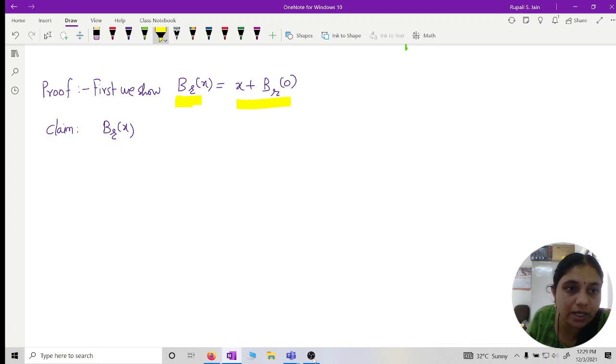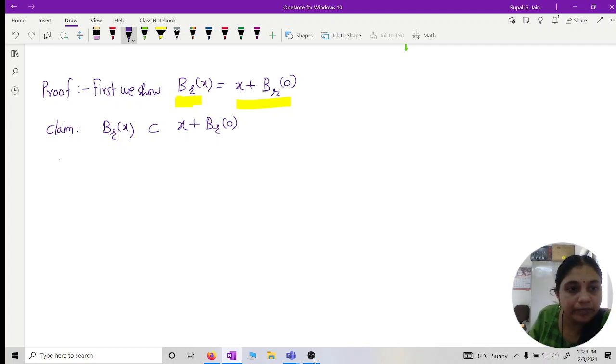So first we will show that B_R(x) is contained in x plus B_R(0), and secondly we will show that x plus B_R(0) is contained in B_R(x), and then we can say that both sets are equal.